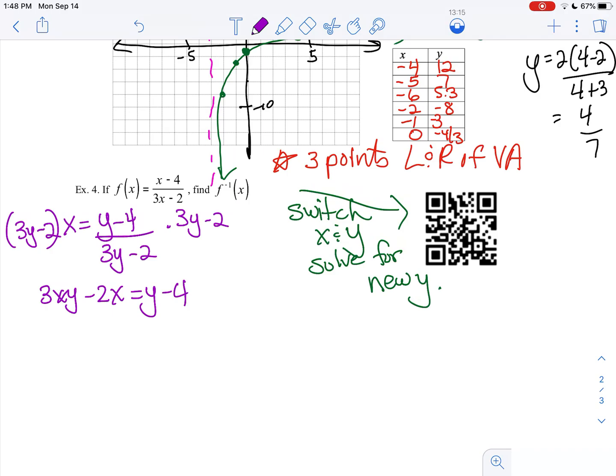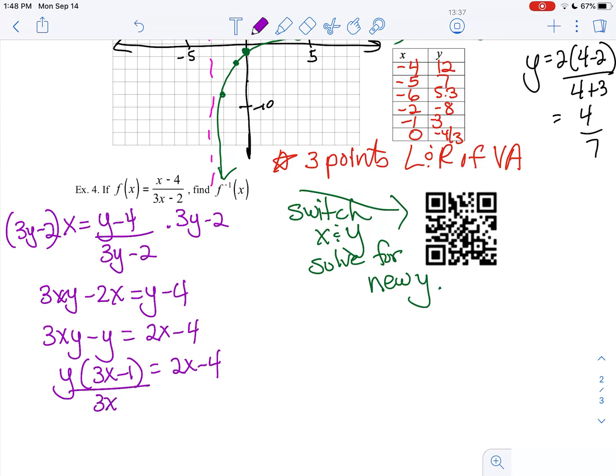And then here's the big idea. We're trying to get y alone. So I need to move it onto one side. So I typically will move mine to the left side, and then I'll add the 2x to the right. Then I'm going to use factoring, and I'm going to factor out y, because I can't combine them right now. 3xy minus y, those are not like terms.